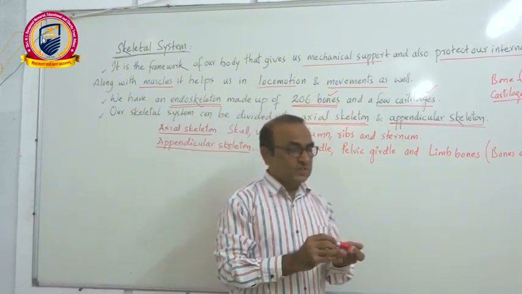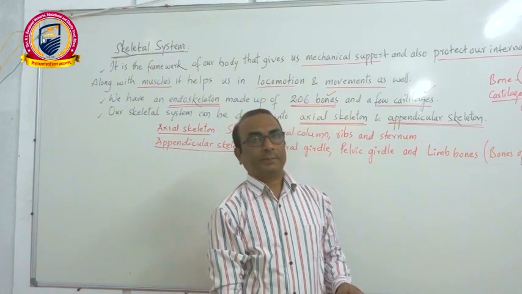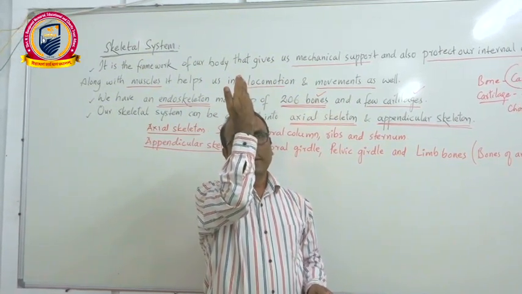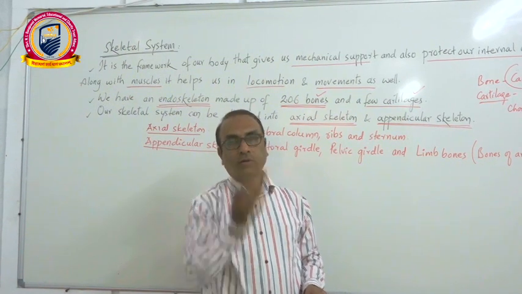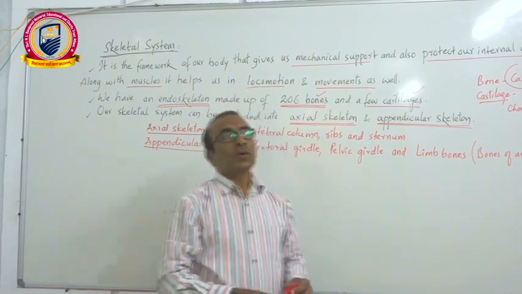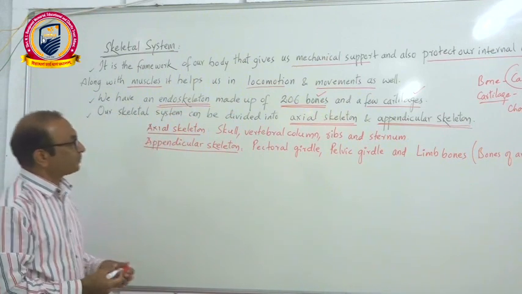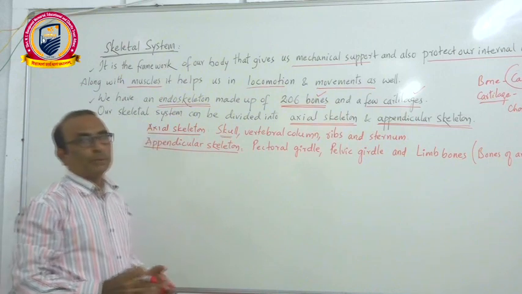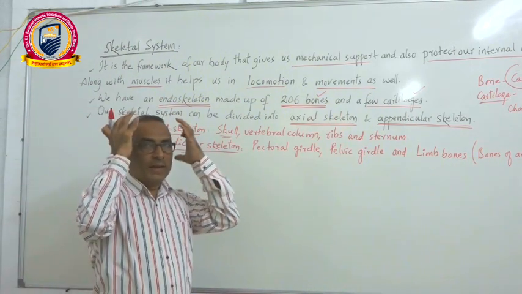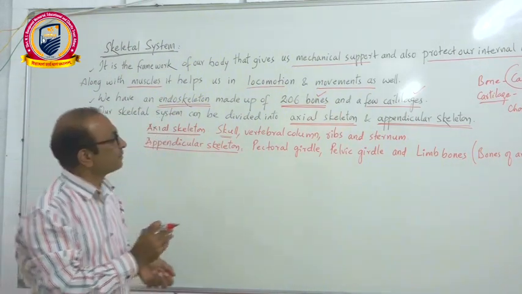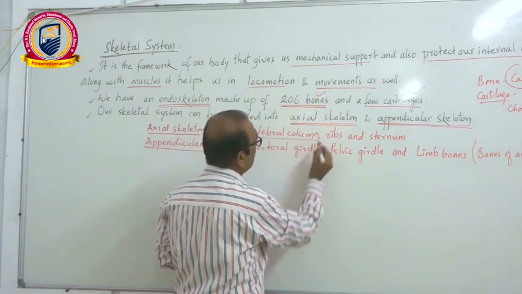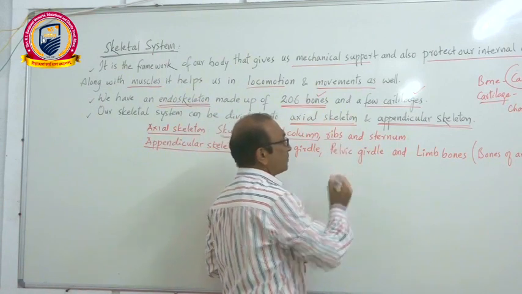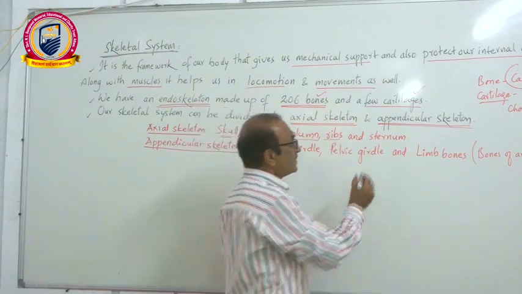Axial skeleton means the skeleton along the axis of the body. Axis means a line passing through the middle of the body. This axial skeleton is made up of the skull, the bones of the head and face region, the vertebral column or backbone, then ribs and sternum.